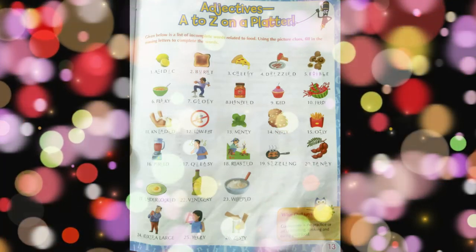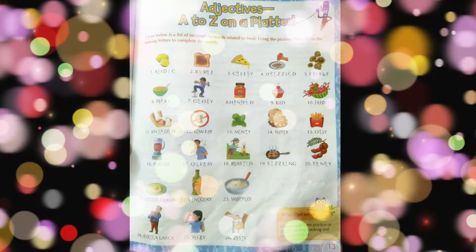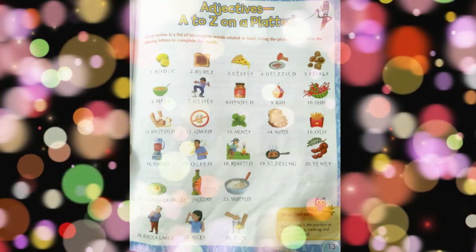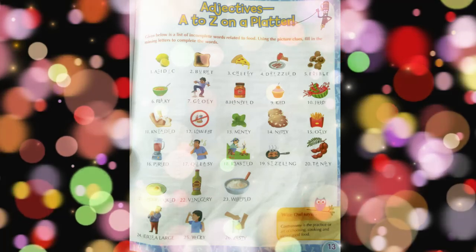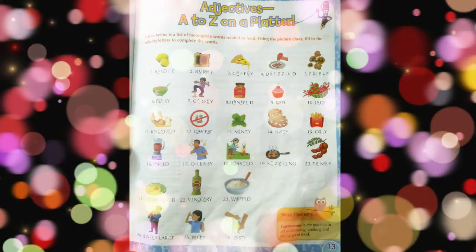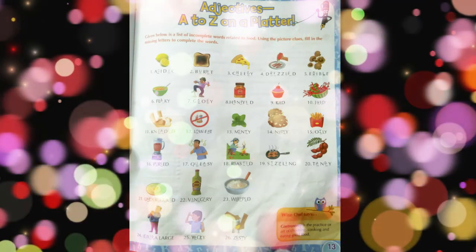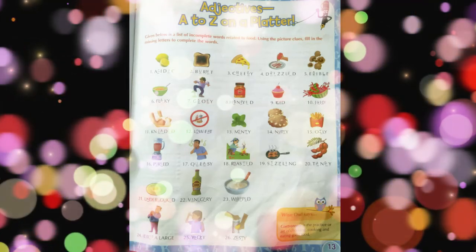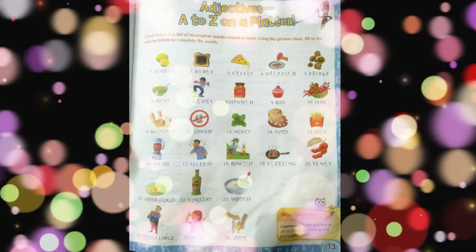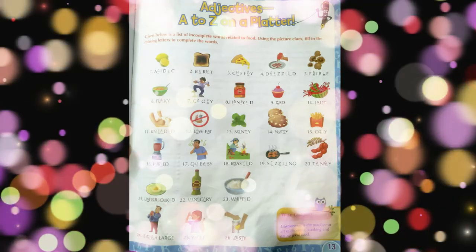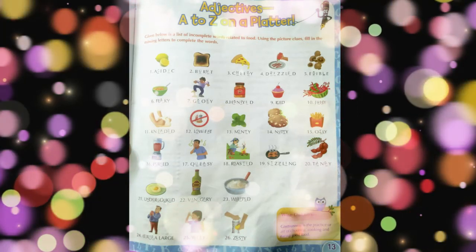Easy one, you can write the answer. 14, okay, can you see nuts in that food item? N-T-Y. You write the answer. Okay.